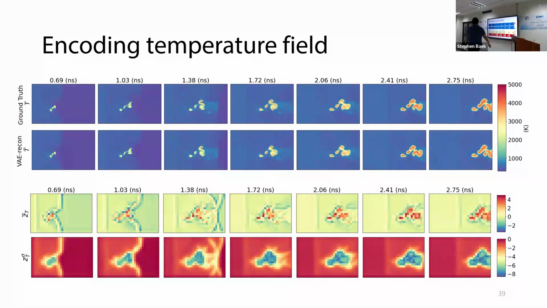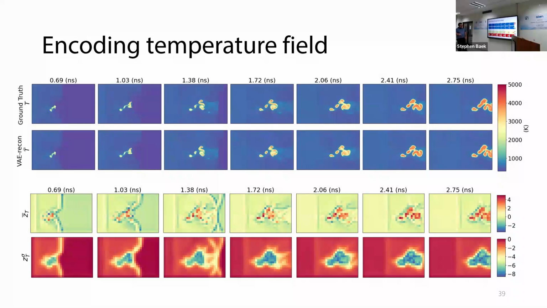As you can see here, Z bar T, the mean field, somehow encodes the original temperature field into some distribution of numbers. It seems like this particular ZT is encoding not only the location of the hotspots, but also the traveling shock. So the shape of the shock front, as it progressed, is somehow encoded in the ZT bar.